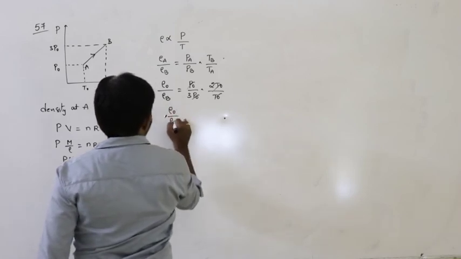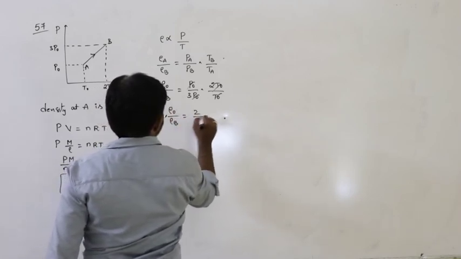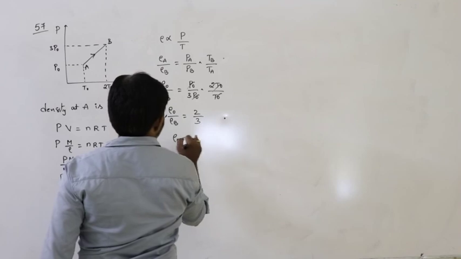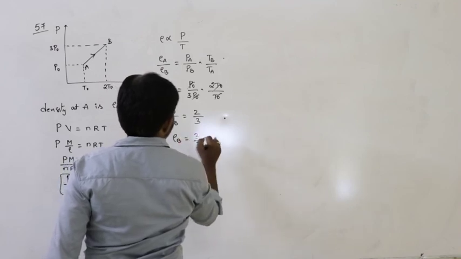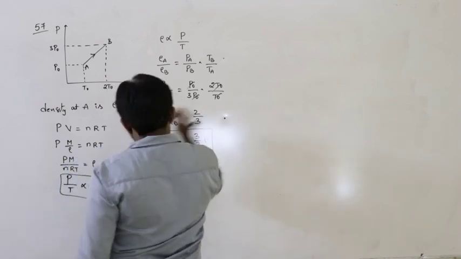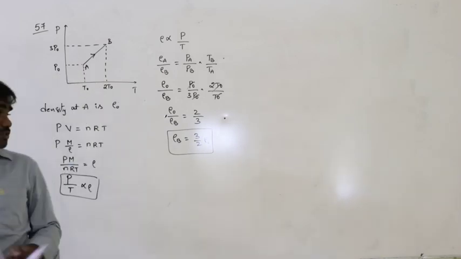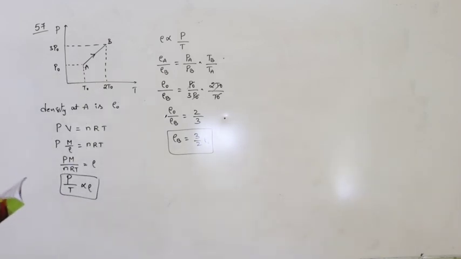So rho naught by rho B is equal to 2 by 3. Density at the point B is equal to 3 by 2 rho naught. This is the shape of the graph. Based on this we can calculate just based on the ideal gas equation, volume can be written as mass by density.